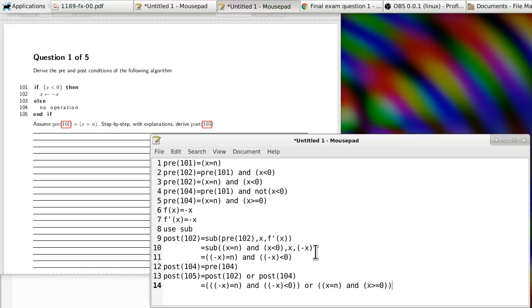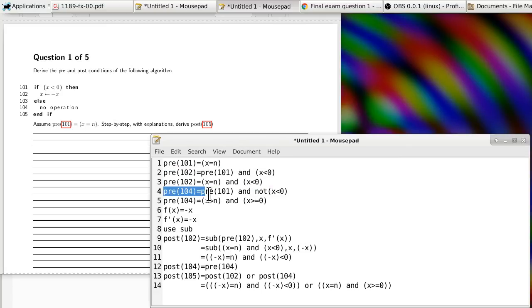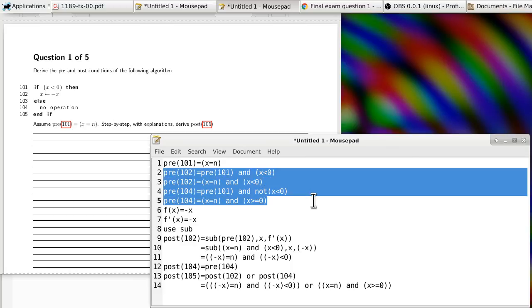So the way I'm going to score this question is to look into a few factors. Line 1 obviously doesn't count for any points because that's just copied from the question. Lines 2 and 3 are worth some points, and then lines 4 and 5 are definitely worth some points as well. So when you combine these 4 lines, they form the analysis of the precondition of the then versus the else branch.